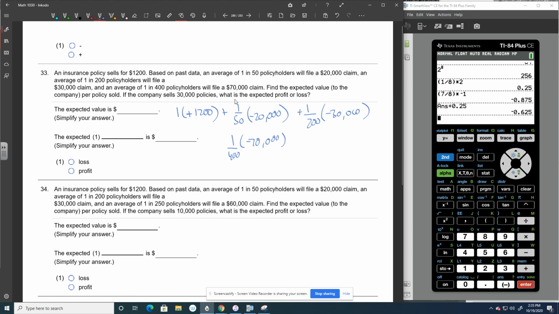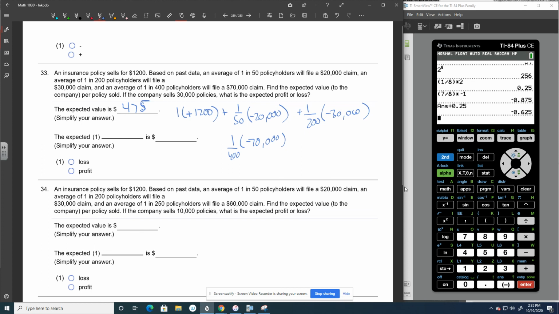They're going to lose these amounts per policy. So for my expected value, I've got to take all of those and add them together, which is going to give me a value of $475.